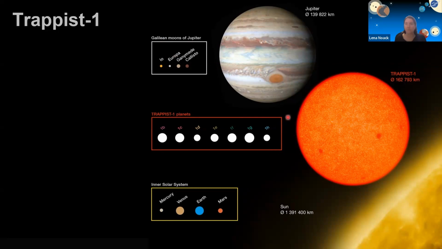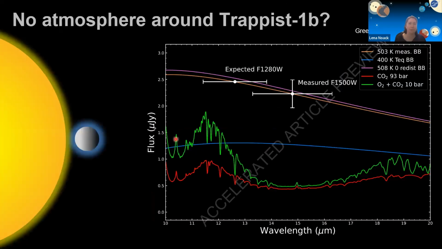And by now, the James Webb Space Telescope has actually seen all of these planets, and the data are still being evaluated, but we have some first indications for the first 2 planets, 1b and 1c. And for TRAPPIST-1b, you probably have all seen this last year, the big announcement that TRAPPIST-1b may actually not have an atmosphere.